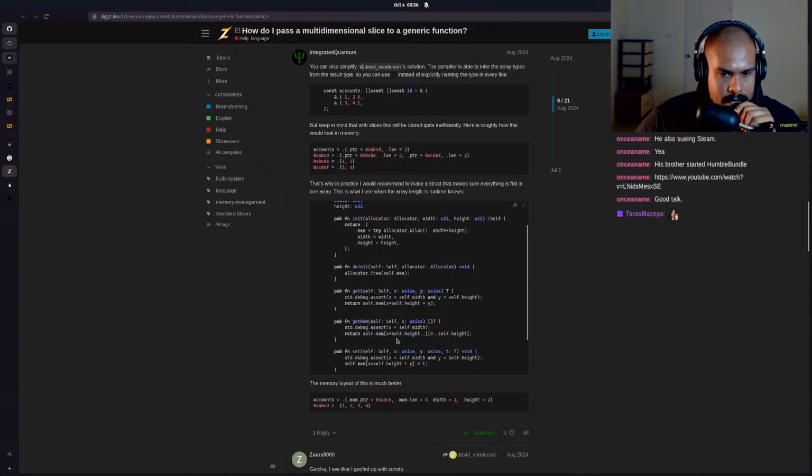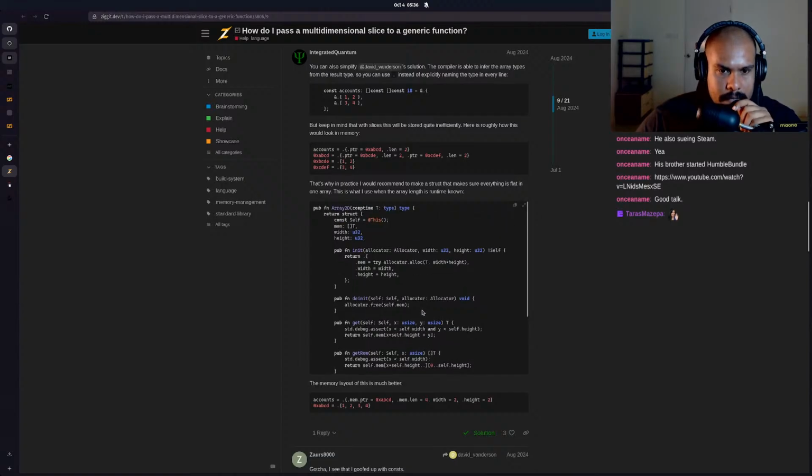X times self dot height. Height. Alright, because it's mapped to a 2D array.